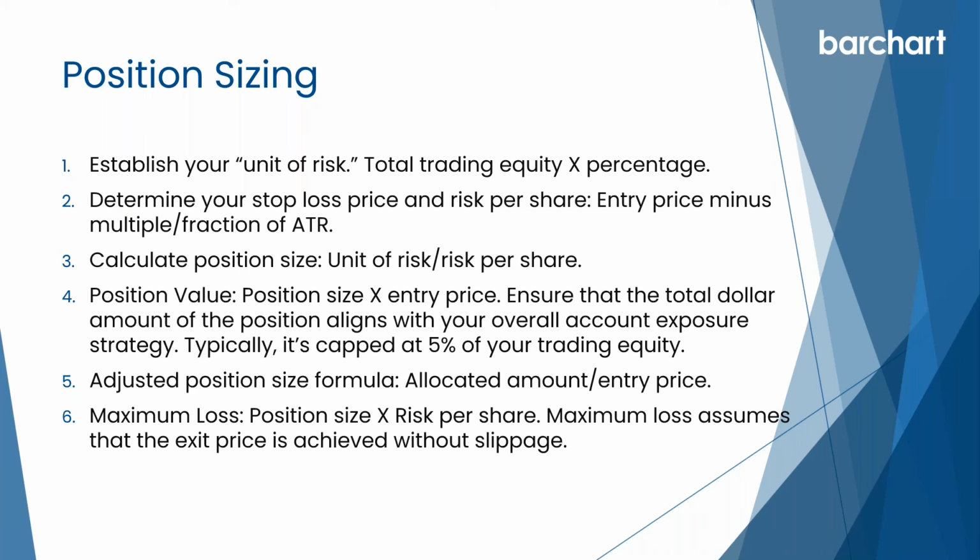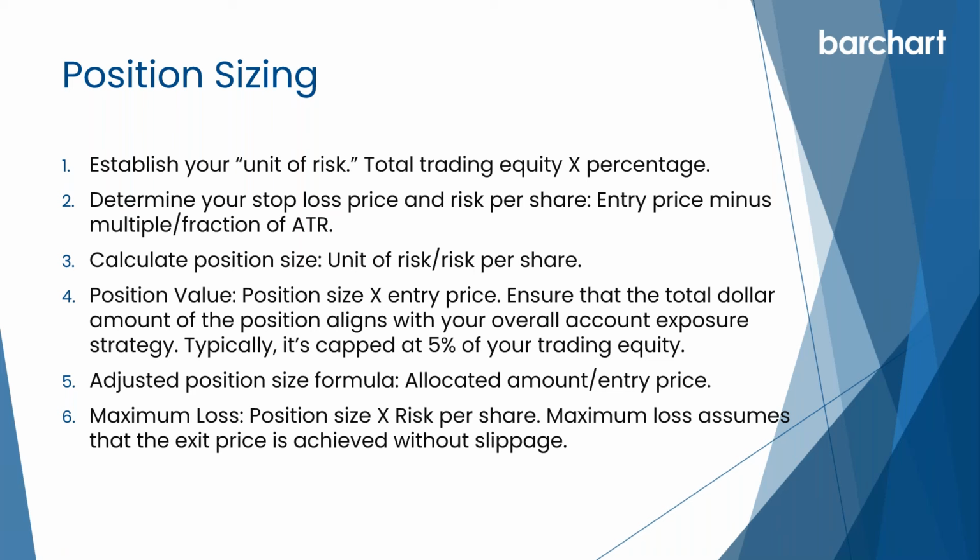Now, once we establish a unit of risk, we take our total trade equity times that percentage that we picked, right? That 2% rule. Now, for instance, let's just say I have a $10,000 account and I'm using that 2% rule. That means my risk per trade is $200.